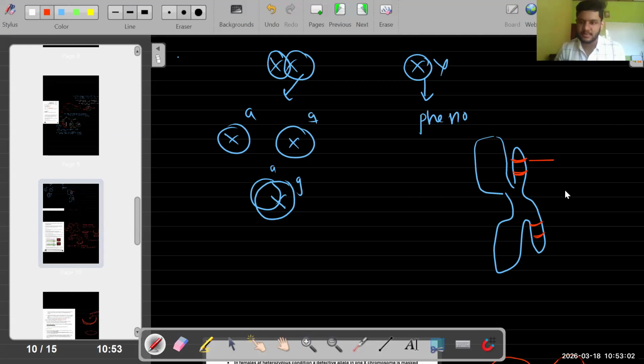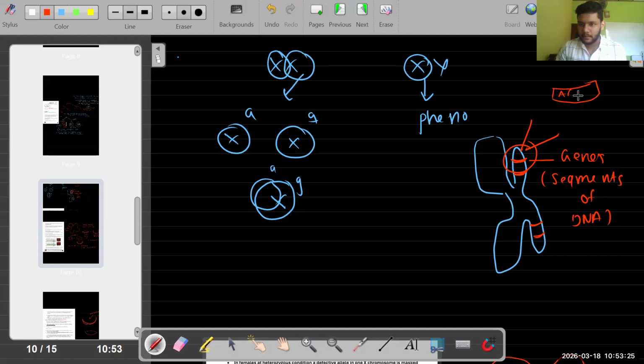They are called genes. For genes, I said that instead of remembering them as genes, you can remember them as segments of DNA too. If you closely look at that, it will be looking like this: adenine, guanine, cytosine, adenine, thymine.